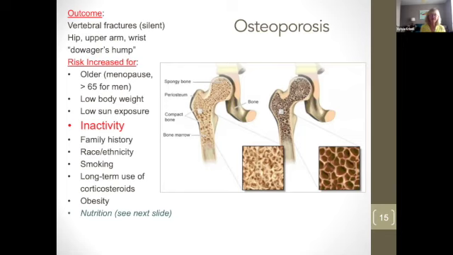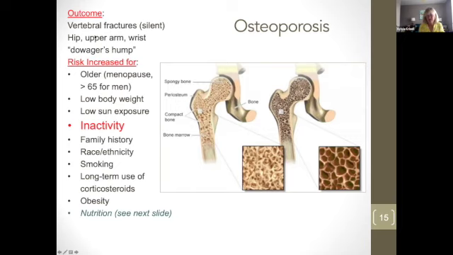So, okay, next topic is osteoporosis. This is something you've talked about during your entire education. I know you know most of this, but osteoporosis is often silent. People can even have vertebral fractures and not feel them.